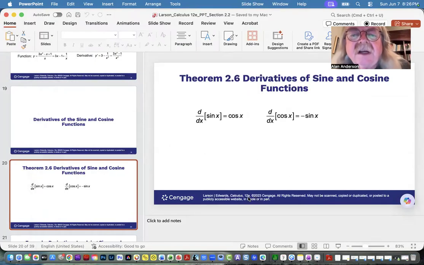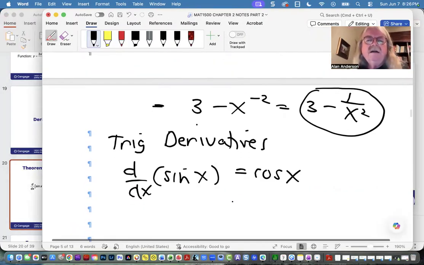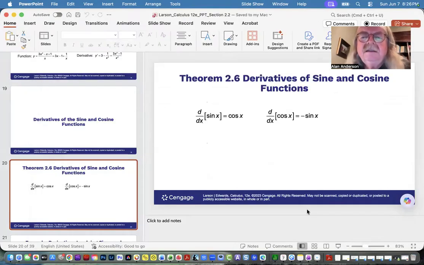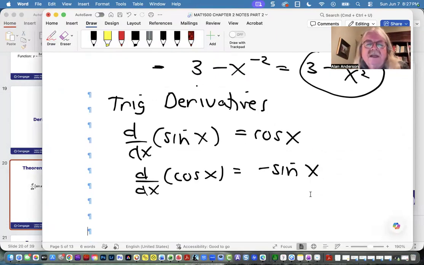The derivative of the sine is the cosine, but you might think the derivative of the cosine is the sine, but it isn't. It's actually the negative sine. So just keep that in mind when you do these. And we'll see quite a few others as we go along.